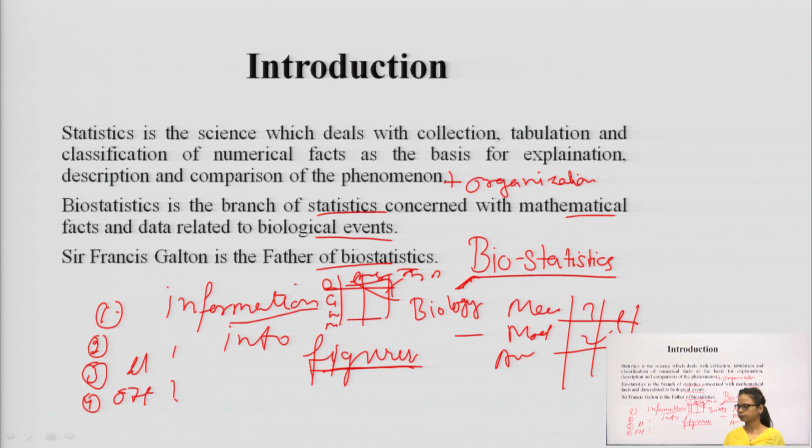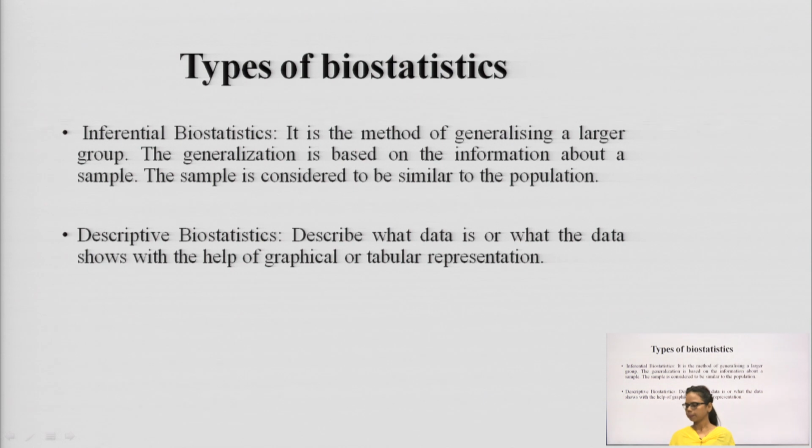Number second, these are the types of biostatistics. First of all, the next point is genetics. According to Sir Francis Galton, who was known as the father of biostatistics, biostatistics was first introduced in genetics.